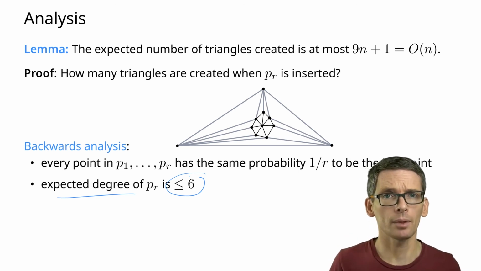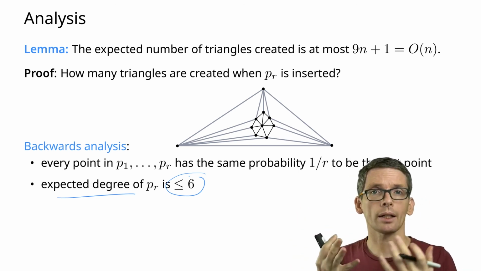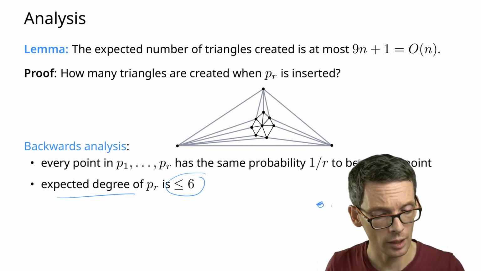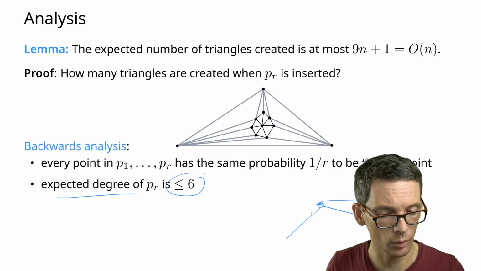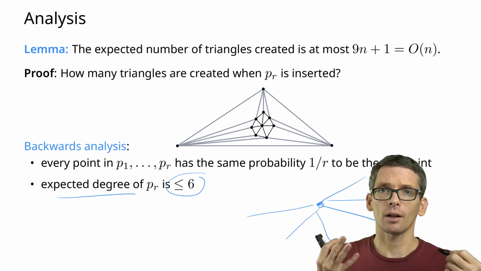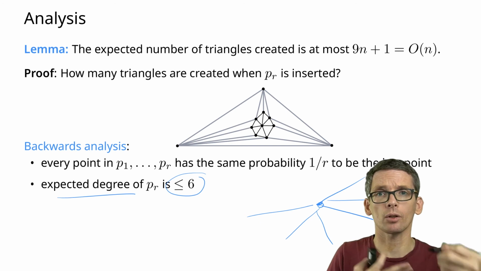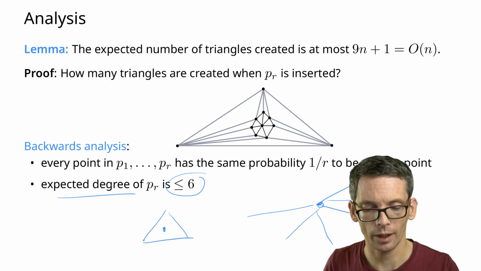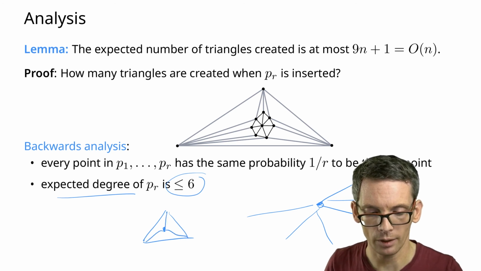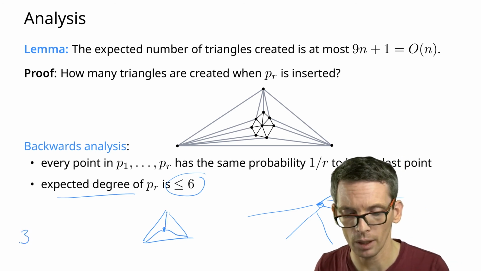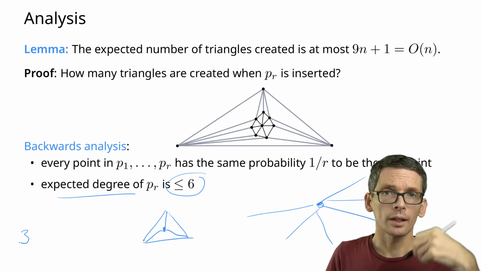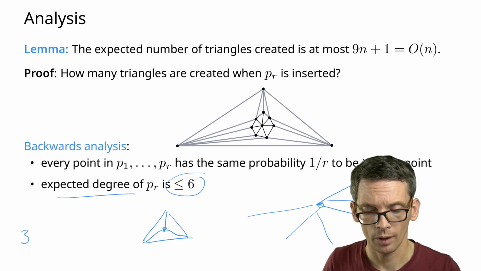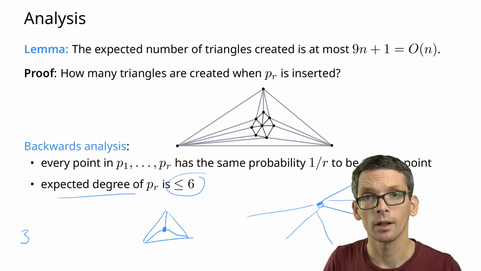So what does that tell me about how many triangles were created? Let's say something has a degree of 6. So this is my last point, and it has a degree of 6: 1, 2, 3, 4, 5, 6. What happened during the insertion of that point? Initially, let's say it ended up in a triangle. I created 3 triangles. That's already a 3. Now for every other edge that this vertex has afterwards, I needed 1 flip.